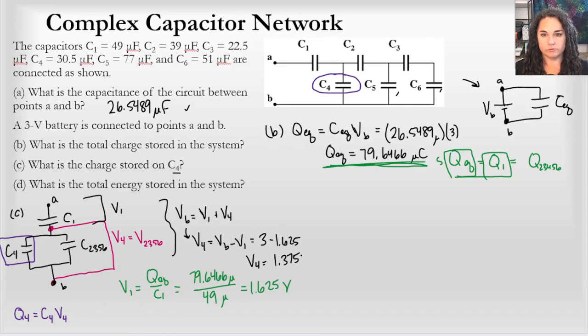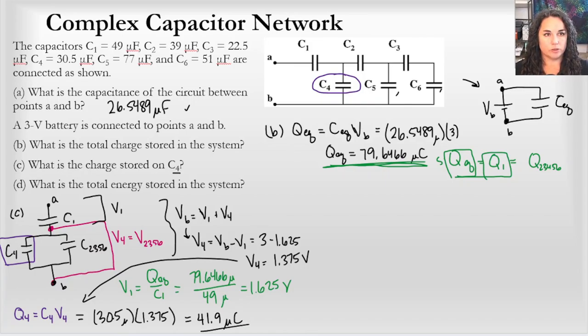And so V4 is 1.375 volts. Okay, now that I have that, I can plug it into my equation I set up earlier. C4 again is 30.5 microfarads, and then my voltage is 1.375 volts. And so the charge across C4 is going to be a nice 41.9 microcoulombs.